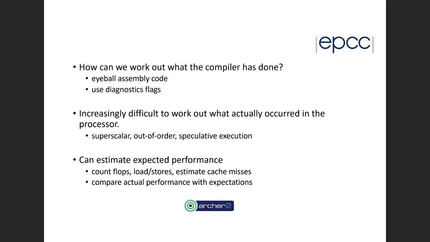You can maybe do something with eyeballing assembly code. You can count types of instructions and see whether the performance you're getting is what you expect. But that's quite specialized and difficult, and is certainly not for everybody.